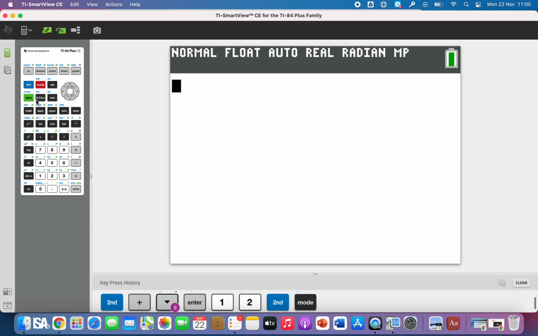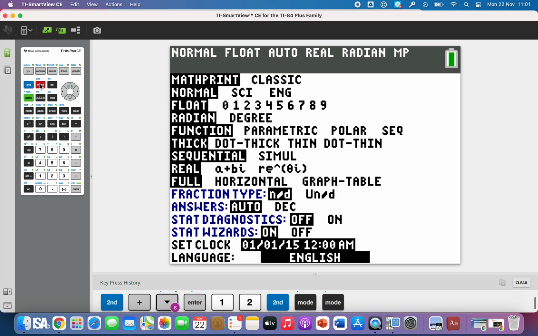And then another thing that you need to pay attention to is this radian. Not like it is important now, but make it a habit to always make sure that it is on degree. So by simply going to mode, go all the way down to radian, and then using the arrow keys, go to degree.